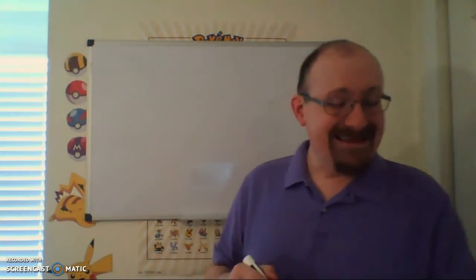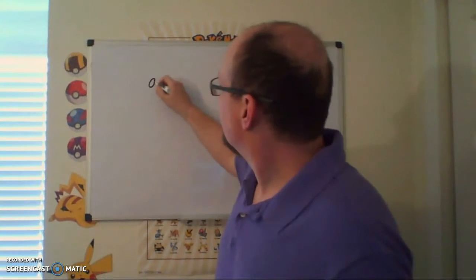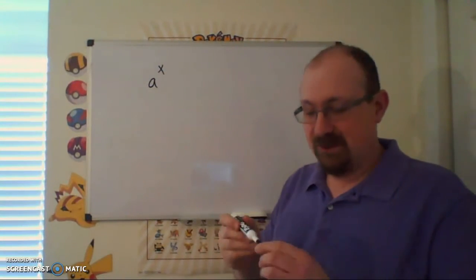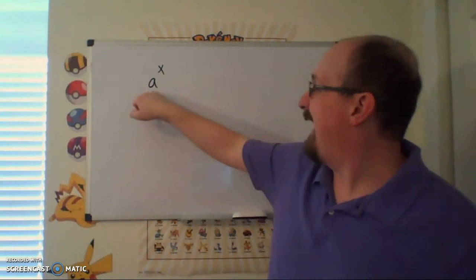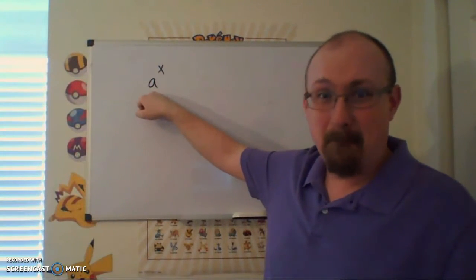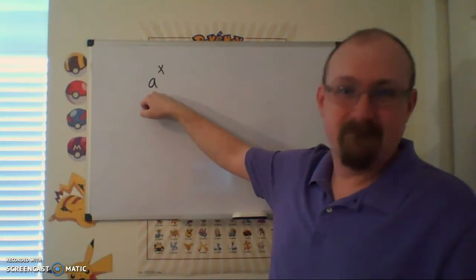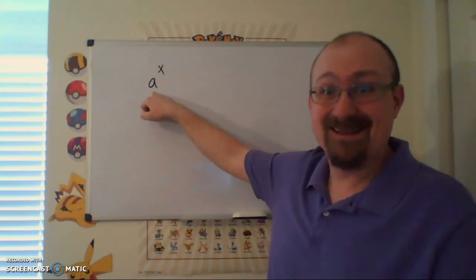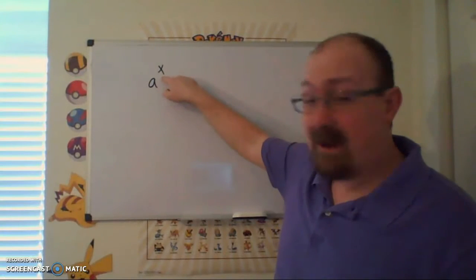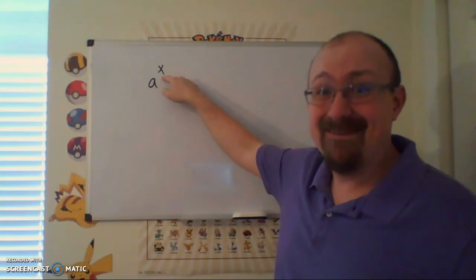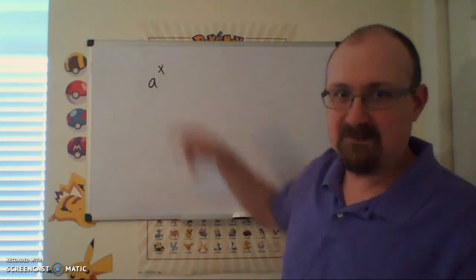So the idea here is an exponential function looks like this. So a is technically some fixed number. It's a positive number. We don't let it equal 1. Those are the only real constraints here, but it is set in stone. The variable in this instance is sitting up here in the exponent. That's why we call it an exponential.